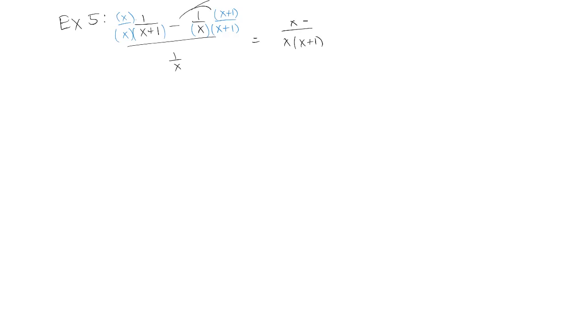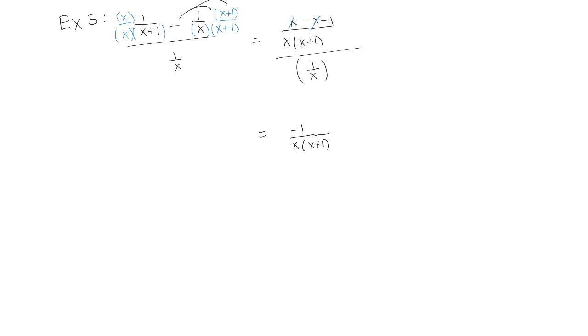Distribute that negative, subtract both the x, also the 1. And then my x's add up to 0. So this would give me negative 1 over x times x plus 1.